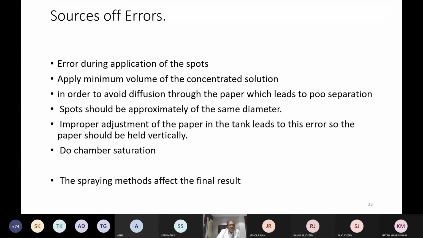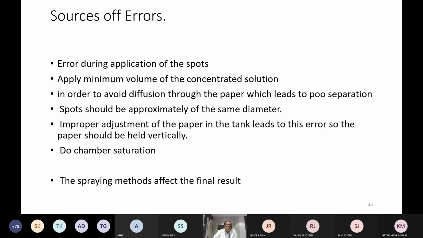Sources of error. Error during the application of the spots. This is the one which most persons commit. They don't put the spots at the place where the pencil mark was already made.